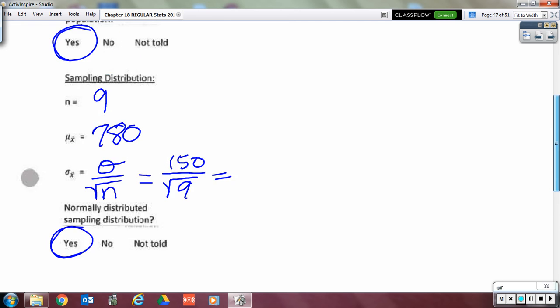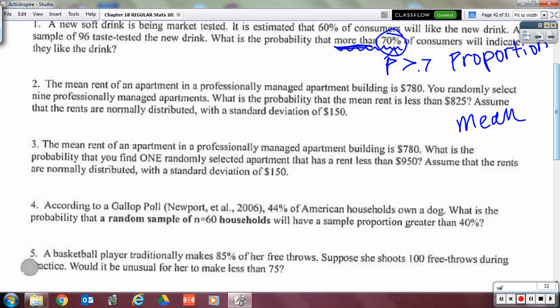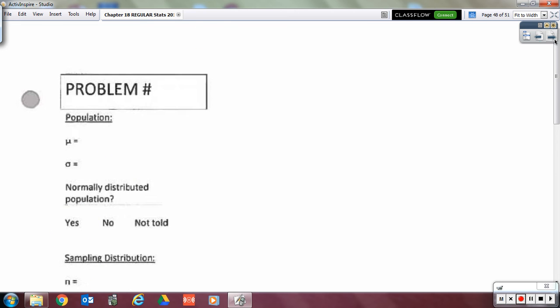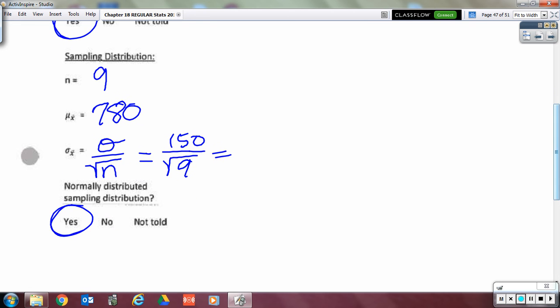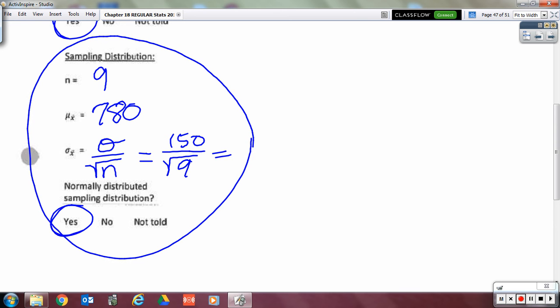Let me look at this problem real quick to see if it's talking about finding a sample or finding one. What's the probability that the average rent is less than 825? So I guess this means the average of a sample. So which numbers do I use? These ones down here. It wants to know the probability that you get an average that is less than 825. All right. So there you go.